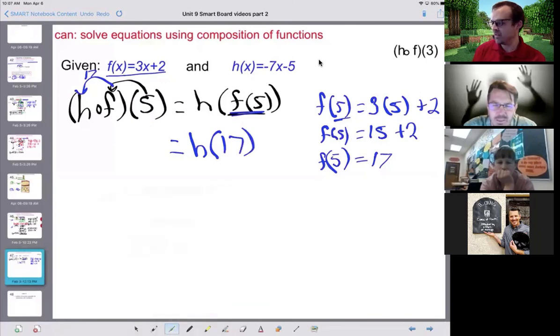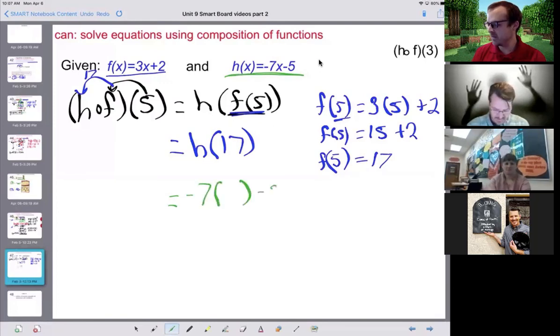What's h of 17? So we're going to use the function h, -7 times x minus 5. And we are plugging in a 17 here. -7 times 17? -119.